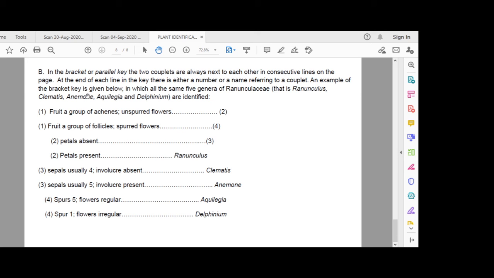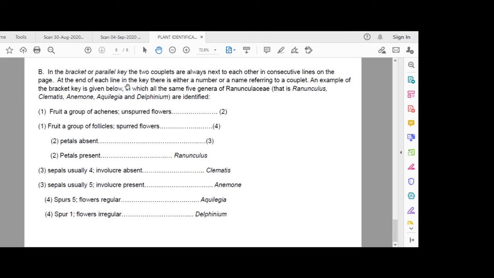Now in the bracket or parallel key, the two couplets are always next to each other in consecutive lines on the page, like this. This is fruit, a group of achenes and unspurred flowers, and fruit, a group of follicles, spurred flowers. So this is the difference between the two keys.